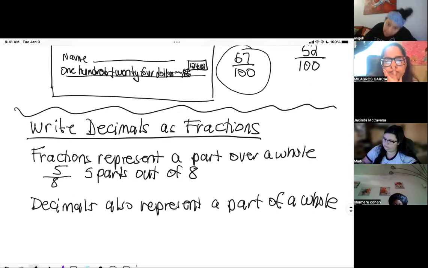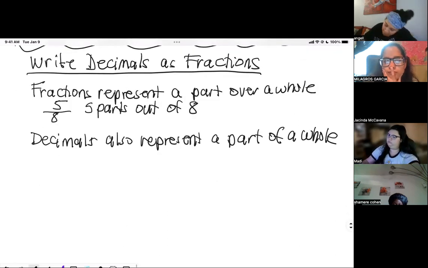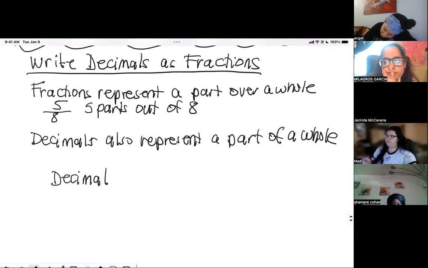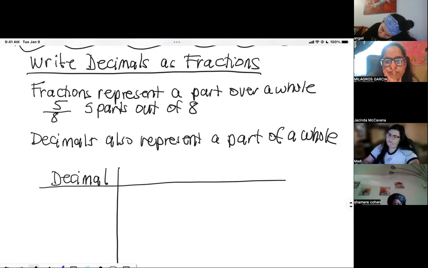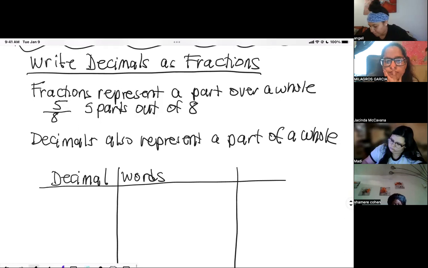And I'm going to make a little chart here talking about decimals, and we're gonna talk about the words, and then we're gonna talk about putting it right into a fraction. Okay, so I'm gonna make a little chart. So we're gonna do a decimal. We're gonna do the words. And then we're gonna write it as a fraction. I'll hold up a minute while you write that out.